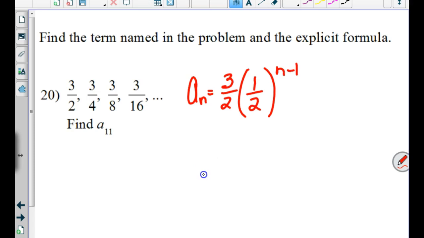So what can we do to find the 11th term? Yeah, put in 11, or do 3 halves times 1 half, 11 minus 1, or 10 times. Fraction would be good here. I'm getting 3 over 2048.